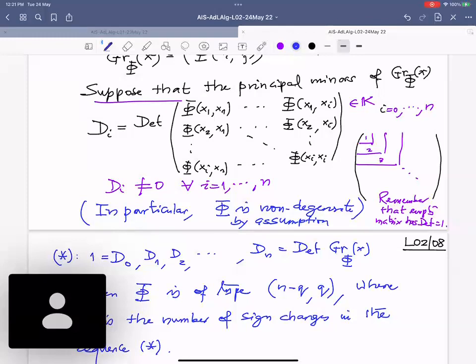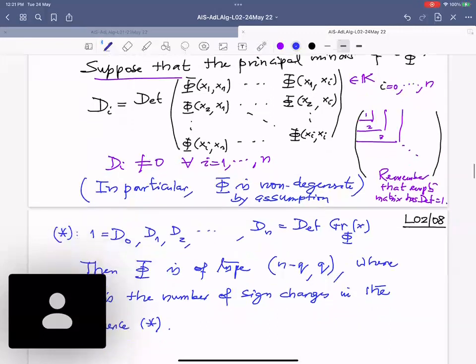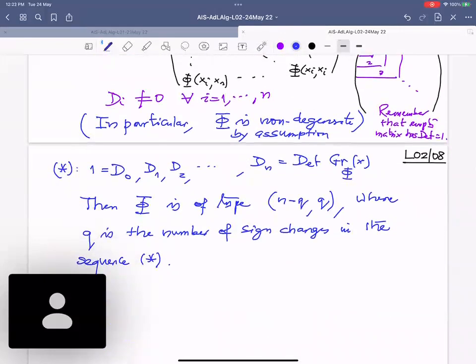And sign changes means you start with this one. Look at D1. If D1 has a positive sign, there is no change. If D1 has a negative sign, count once. If D1 is 0, you throw it out. That is how you count the sign changes in an arbitrary sequence of real numbers. First, remove zeros from the sequence.